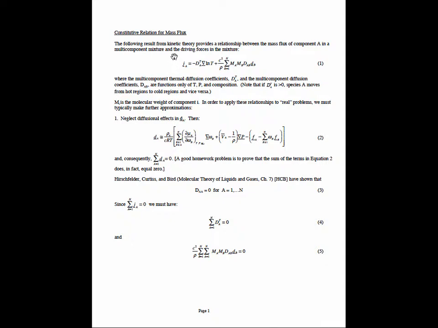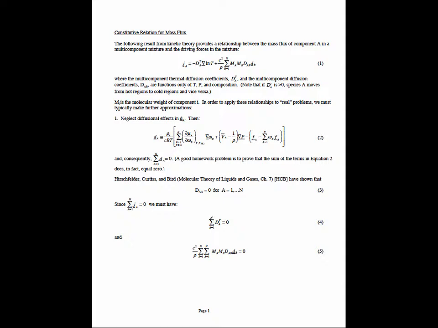And so the basic result from kinetic theory, which we're not going to derive here, is shown at the top of the page. And it has the mass flux written in terms of gradients in temperature. The D sub A^T is a so-called thermal diffusion coefficient, so gradients in temperature in a system can drive mass transport.